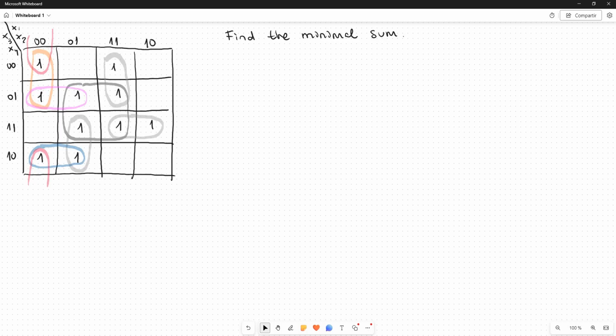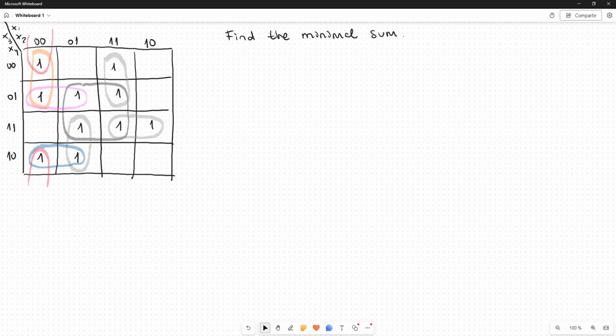It's important that you include all the prime implicants in the Karnaugh map. Otherwise, you are going to have a different result if you are not contemplating all the possible options. So finding all the prime implicants in a Karnaugh map is crucial.